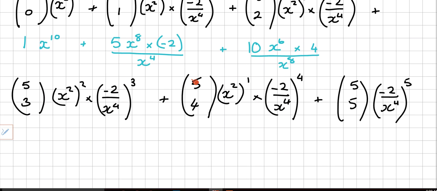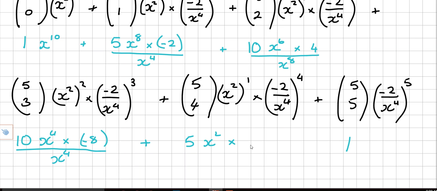So those ones are done. And then 5, 3 is 10, so I've got x to the power of 4 times minus 2 cubed, negative 8, all over x to the power of 4, plus 5x squared times minus 2 to the power of 4, which is 16.